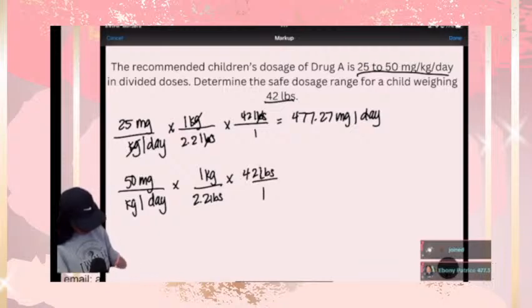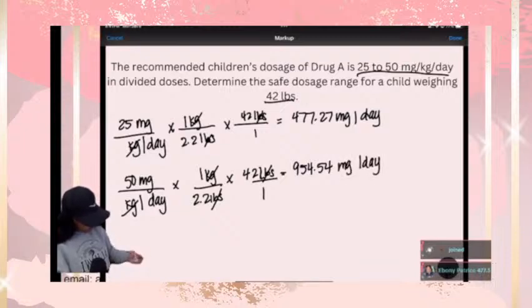Same way that we did the bottom, we'll do the top. Kilograms is gone, pounds is gone. So 50 times 42 divided by 2.2. So our dose range for this child is these numbers right here.